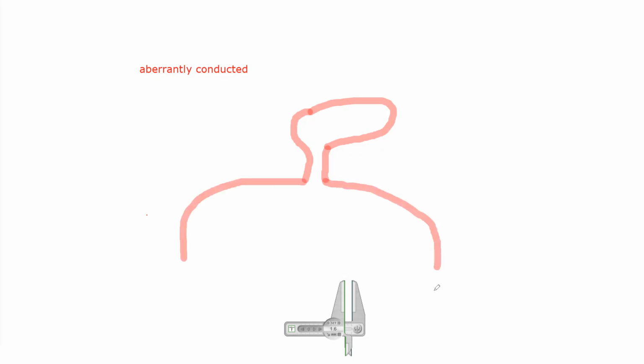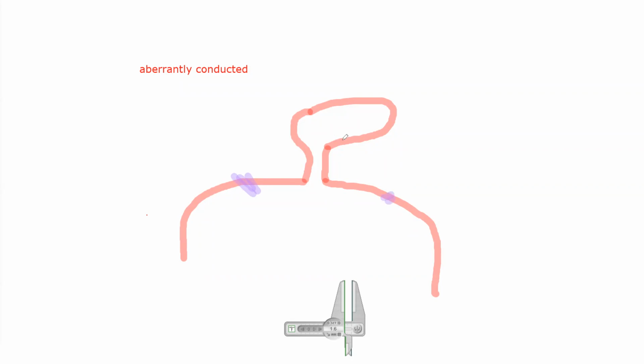Aberrancy in aberrantly conducted means this thing. Again, here is the bundle branch, the AV node, and the AV node will now have a connection to the bundle of His, and from the bundle of His on to the right bundle, as well as into the left bundle. Now, there are some situations wherein there is going to be a blockage in the bundle right over here on the other side.